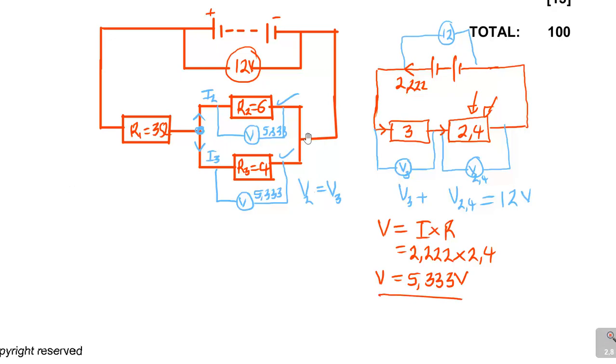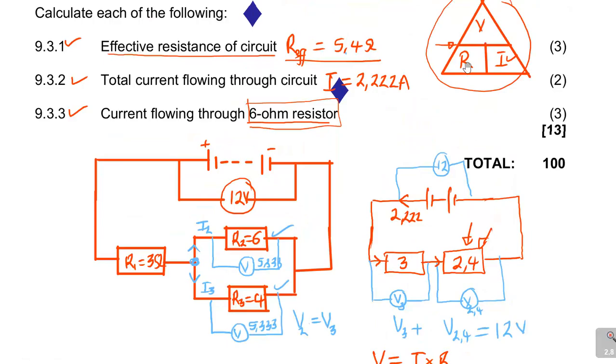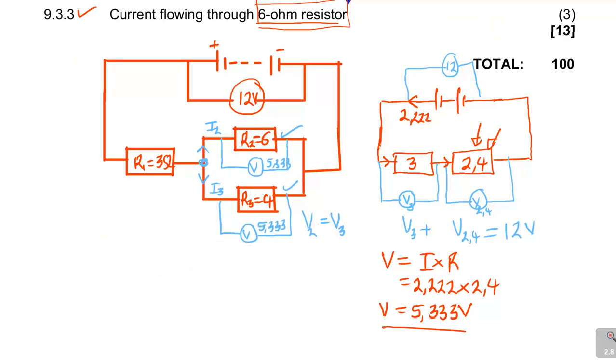Using the formula for current, I is equal to V over R. My voltage is 5.333, and for R let's use R2, which is 6. Then it will give me the current passing through.